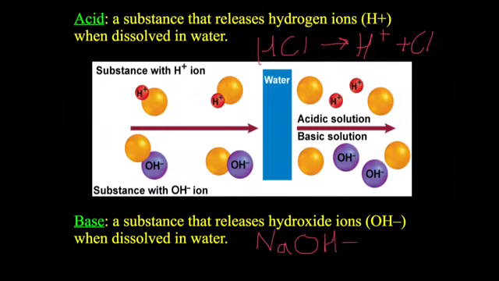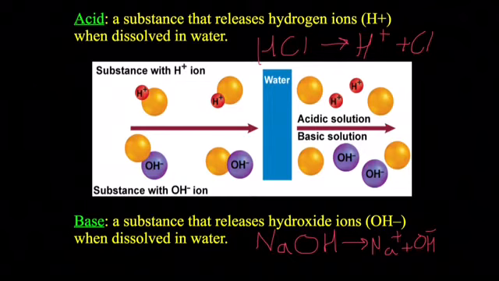It's considered a base because when you put it into water, it breaks down completely into Na plus and OH minus. So it is considered a base because, critically, it releases the OH minus or the hydroxide ions. So that's what makes an acid and a base. Make sure you know those definitions for sure.